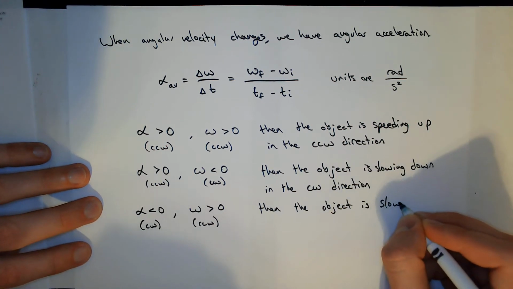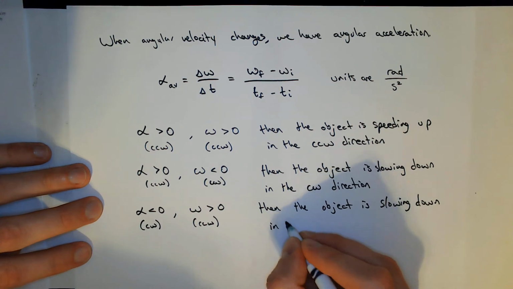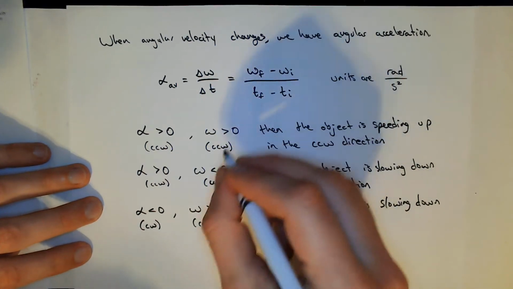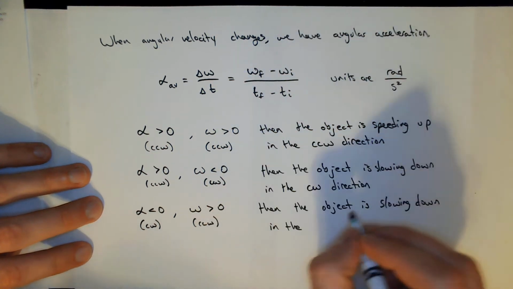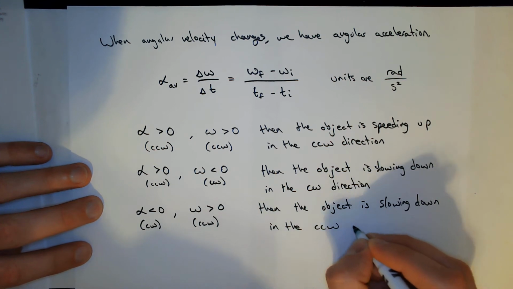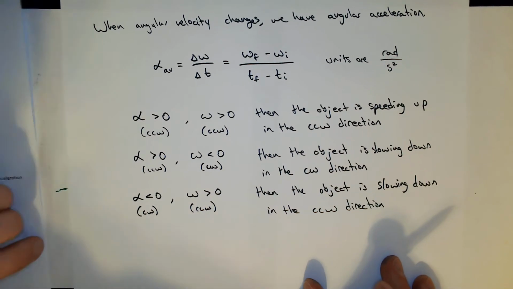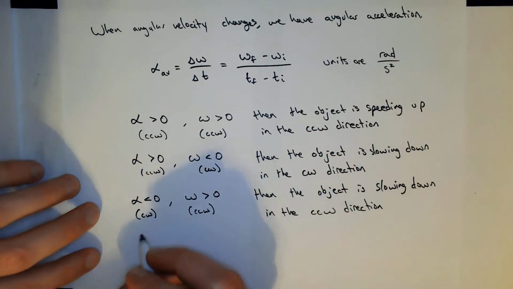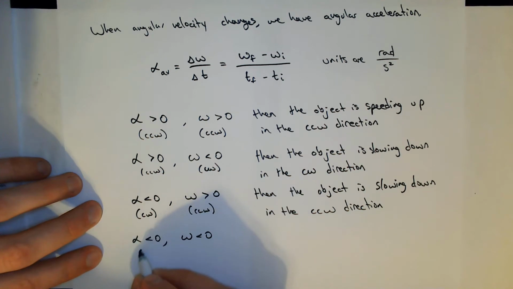Anytime they're fighting each other, the object should be slowing down. So it's spinning counterclockwise, but acceleration is slowing it down, and then eventually it's going to go the other way. The object is slowing down in the counterclockwise direction. And then, of course, finally, we have speeding up in the clockwise direction, where they are working together in that negative clockwise direction.